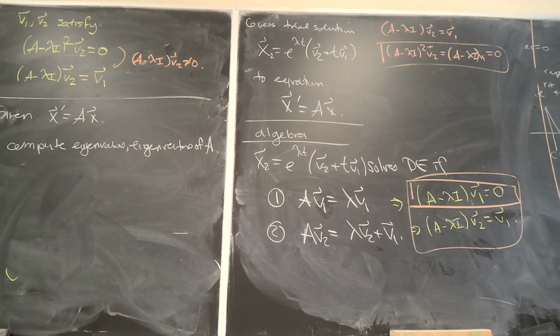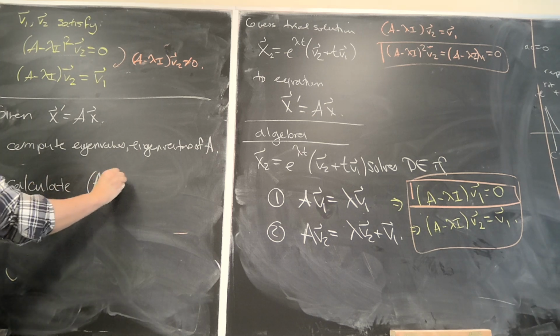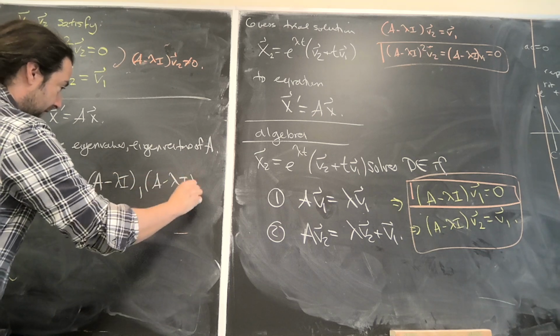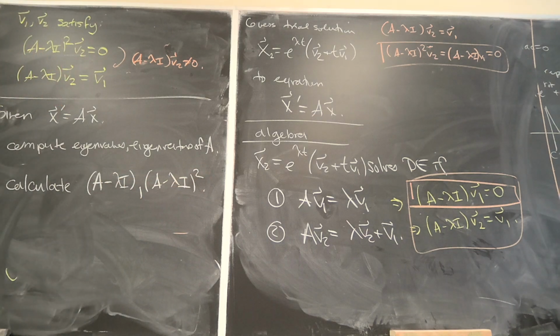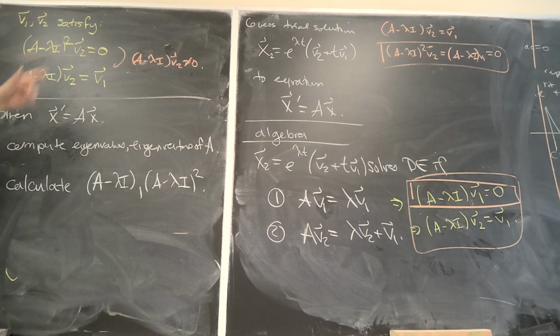If you're not, you're going to calculate A minus lambda I and A minus lambda I squared, because I need those to do the next part.